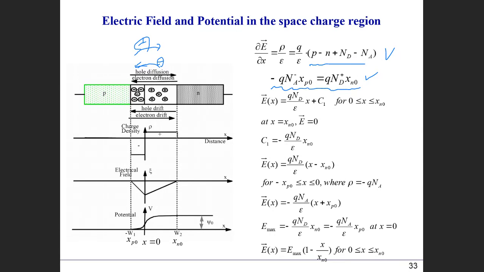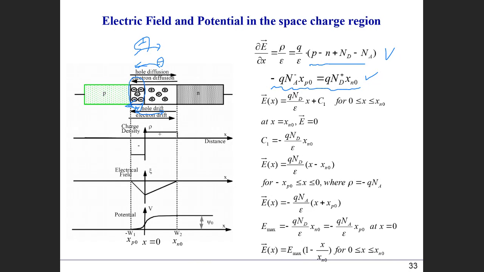In other words, in 1D, let's say you have higher doping in the P side, then the number of holes moving to recombine with electrons represents a shorter depletion region in the P side.